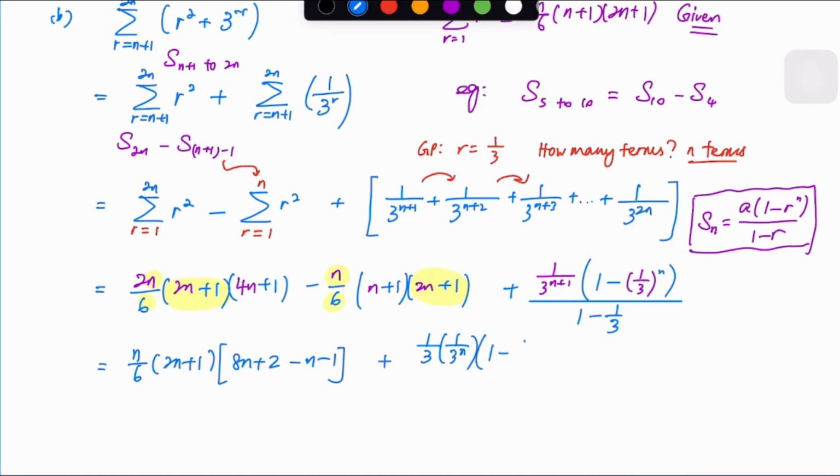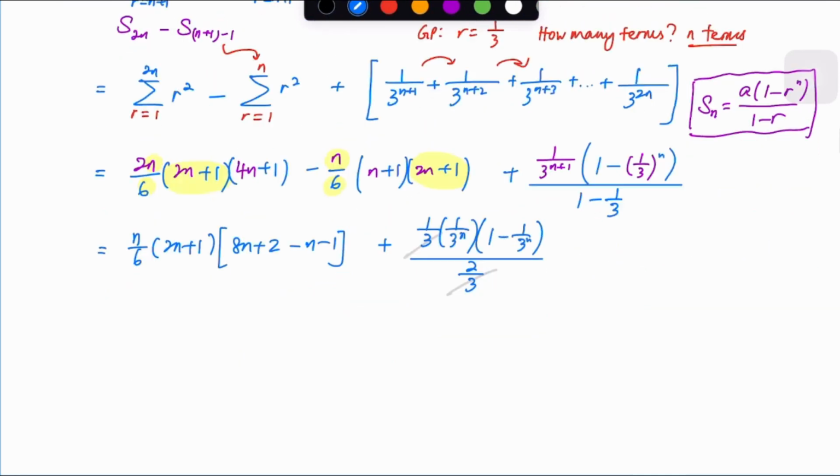This one will be 1 over 3 to the power n, then divided by 2 over 3. Then this one over here, we can cancel and cancel. Something like that. Last but not least, finally we're at the end: 2n plus 1, 7n plus 1, plus 1 over 2 times 3 to the power n of this ungodly thing.